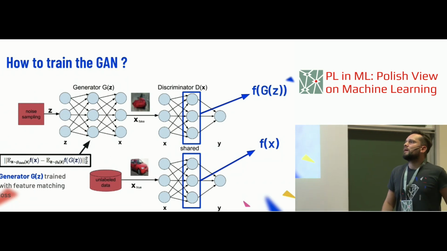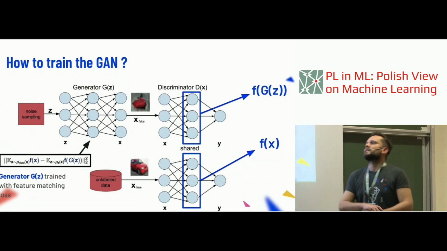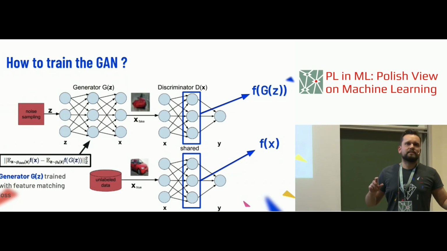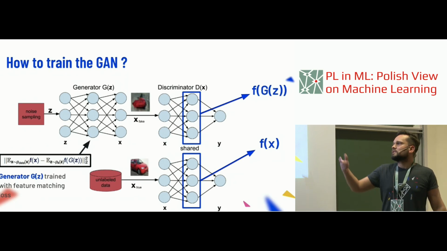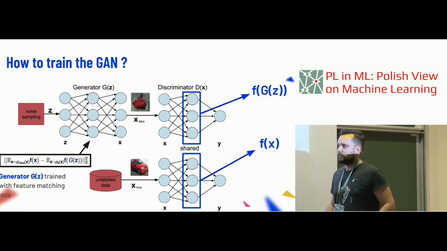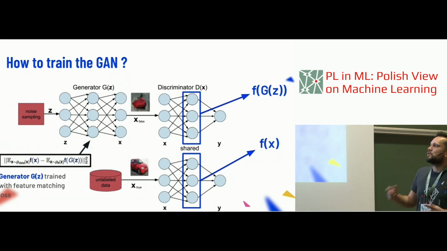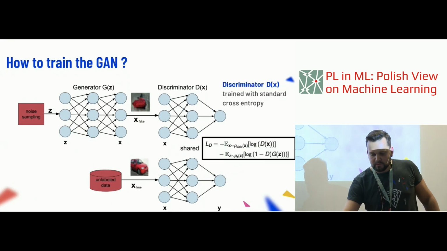So for our model, we utilize the so-called feature matching technique. That is matching the statistics of fake and true images using some feature space. In this example, we use the feature space of the discriminator to represent the data. So we are matching the statistics of the images according to the intermediate layer of the discriminator.